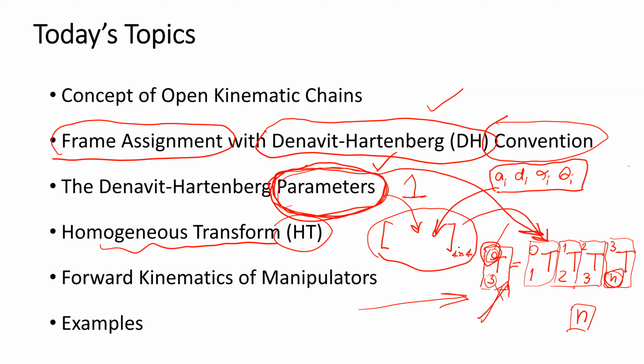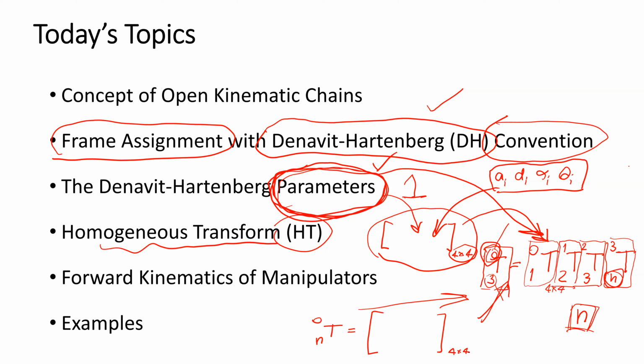You know that the homogeneous transform is a 4x4 matrix. If you have n matrices of 4x4 and you obtain the product, the homogeneous transform of link n with respect to frame 0 will be a 4x4 matrix also.